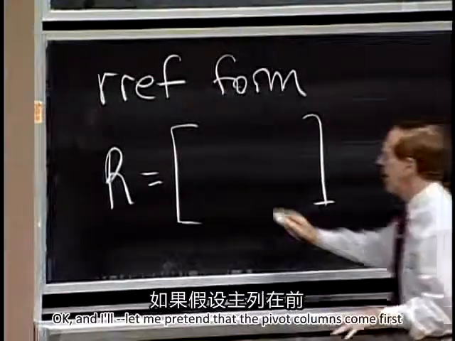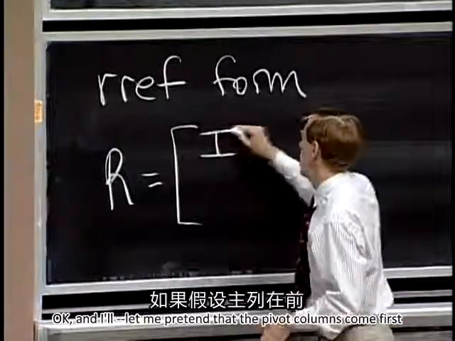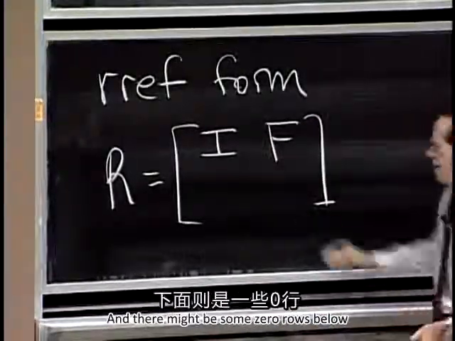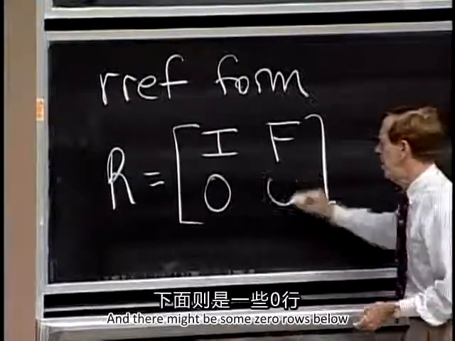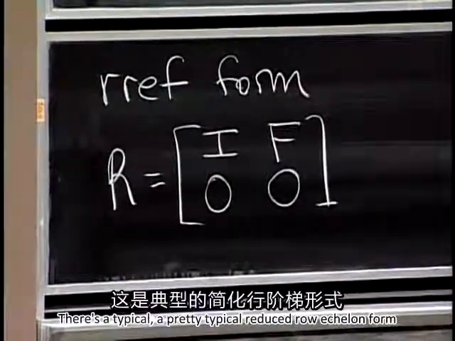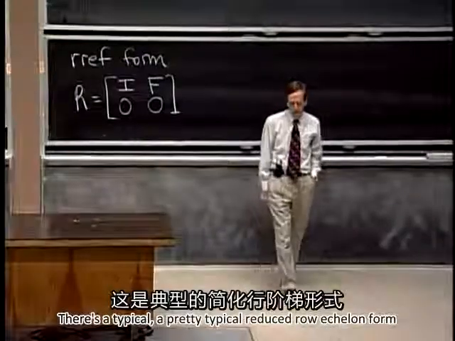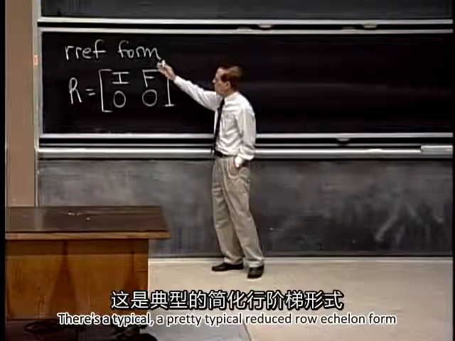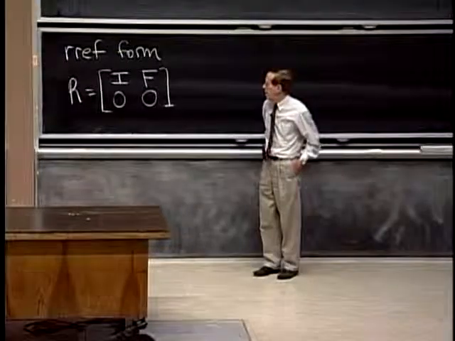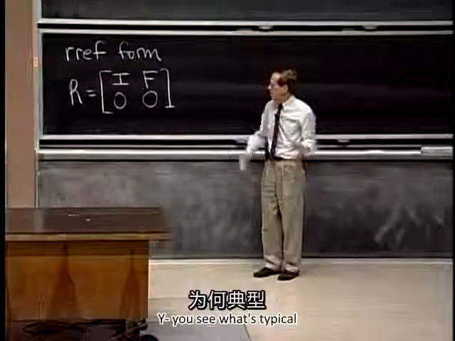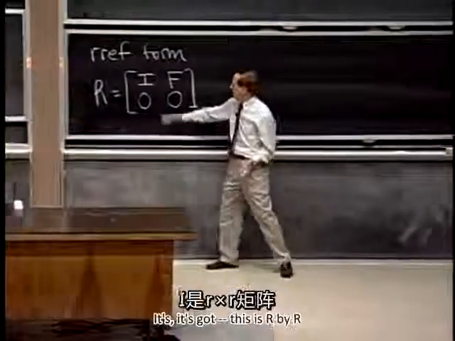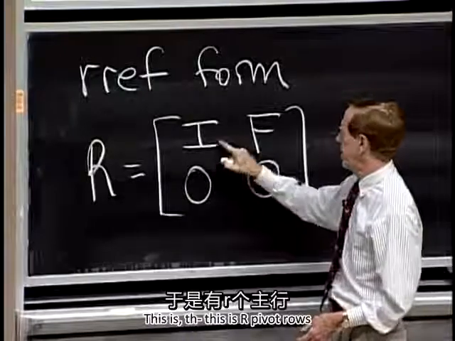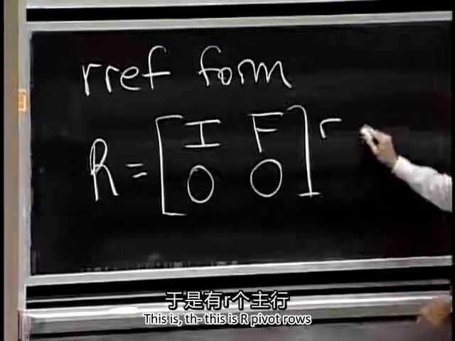Let me pretend that the pivot columns come first, and then whatever's in the free columns. And there might be some 0 rows below. There's a pretty typical reduced row echelon form. You see what's typical? This is r by r. This is r pivot rows.